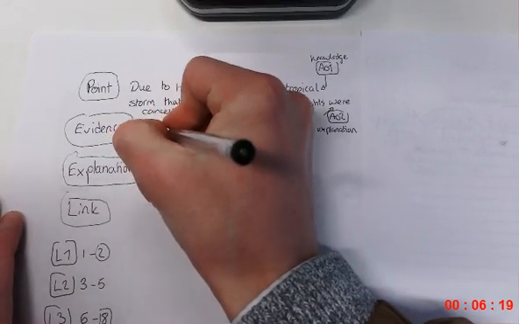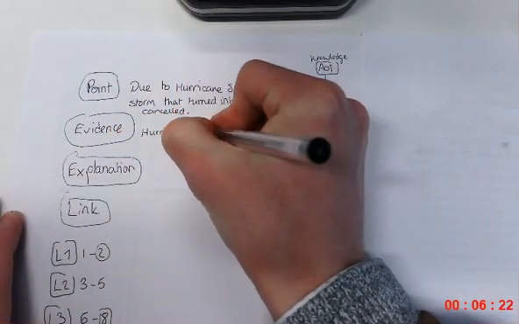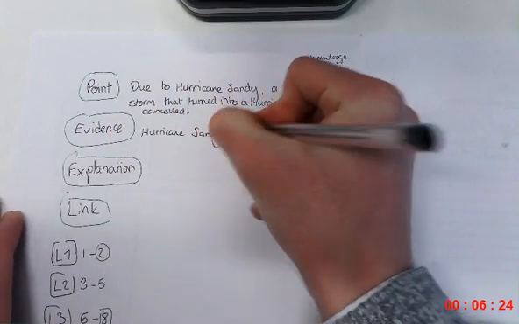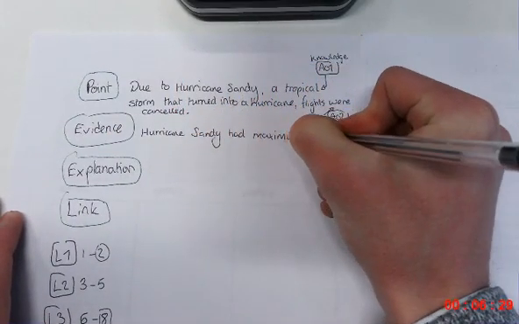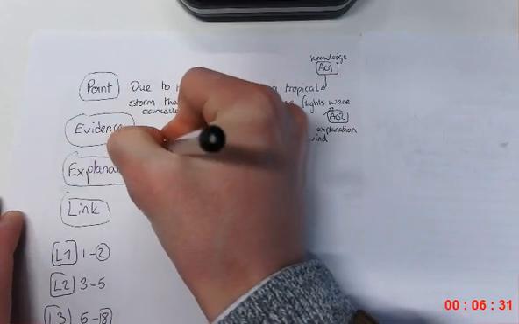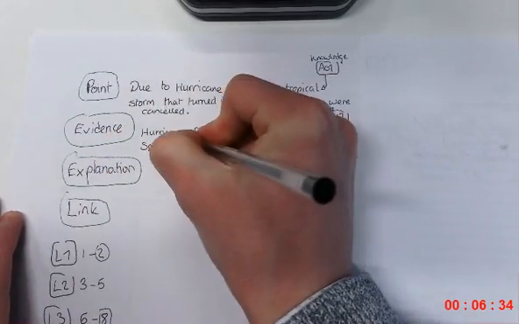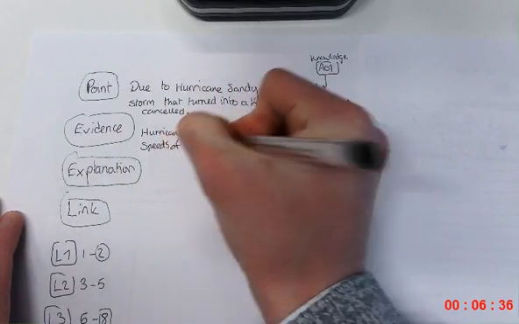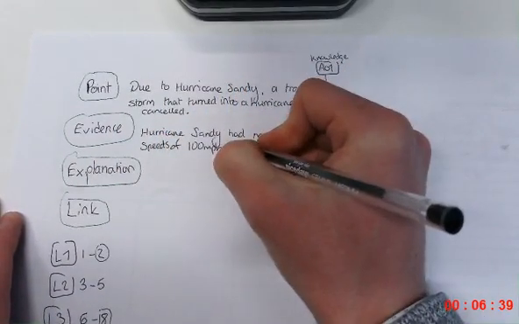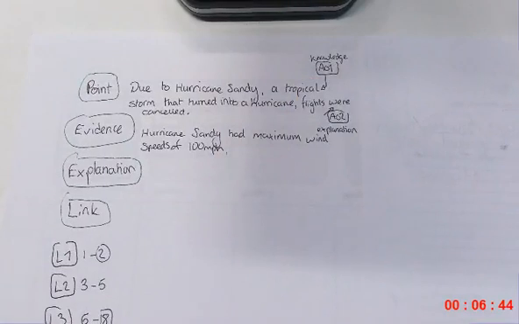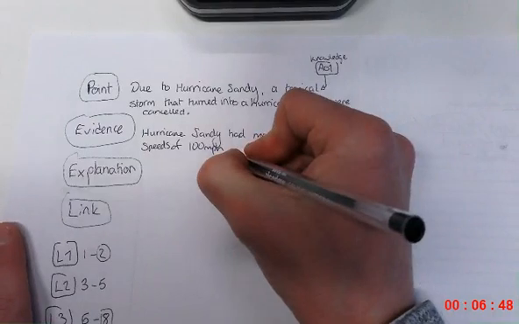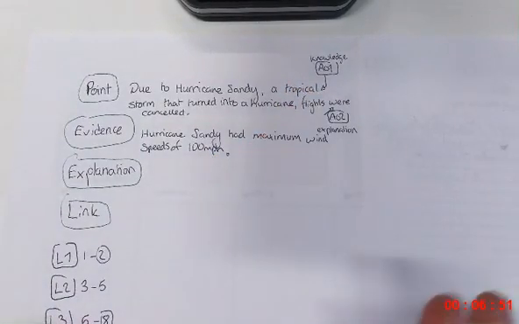Hurricane Sandy had maximum wind speeds of 100 miles per hour, and we could also bring in some information about the amount of rain there was as well. The strength of the wind combined with the amount of rain would lead to a good deal of evidence being provided for us that we can then develop on.